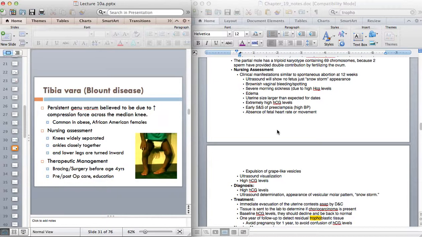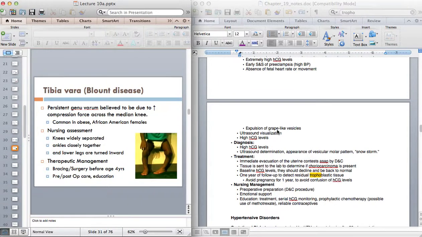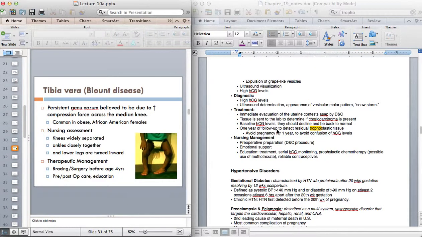Rickets will be another problem, when you have bone demineralization. There is less calcium and or vitamin D to solidify the bone, so the bones are soft.